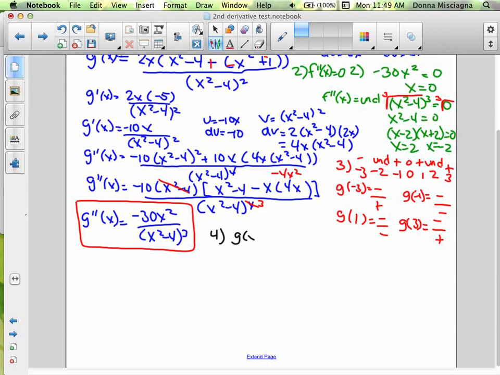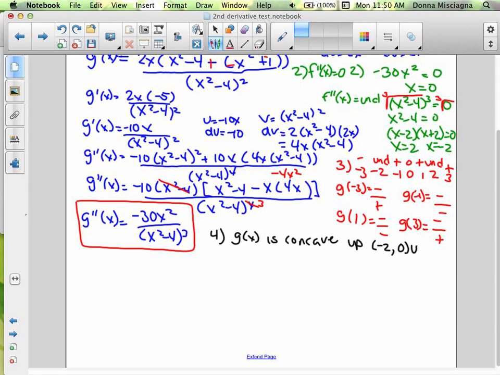So g of x is concave up from negative 2 to 0.